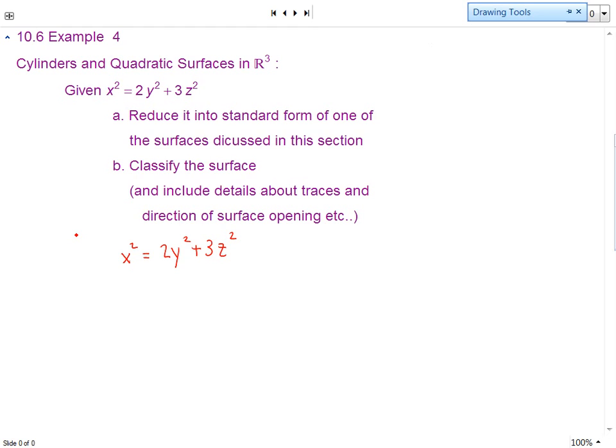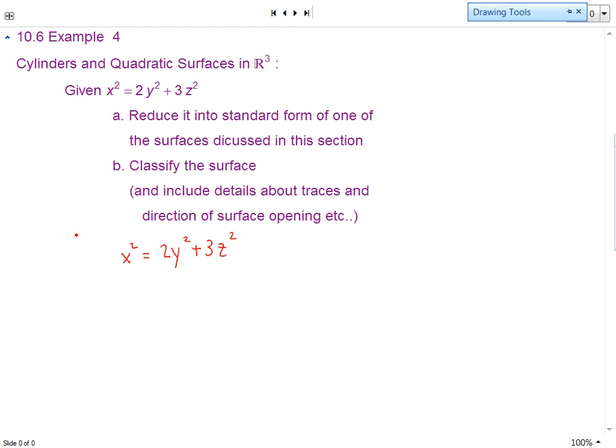Is it a parabolic cylinder? No, because a parabolic cylinder has one variable squared, the other one is not squared, and the other variable is free. So it's not a parabolic cylinder. Is it an ellipsoid? Why is it not an ellipsoid? It's got all three variables squared.